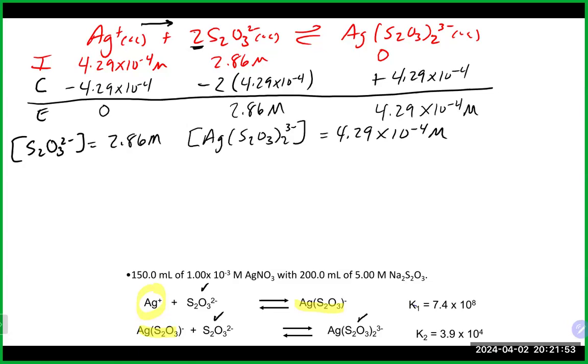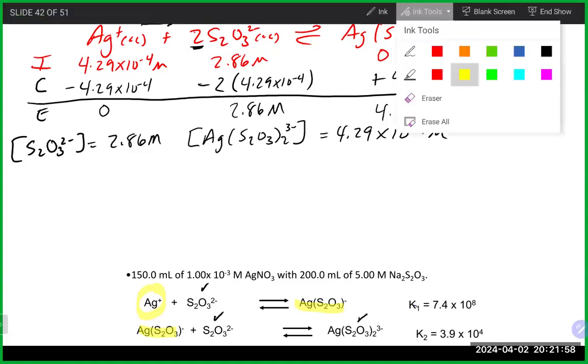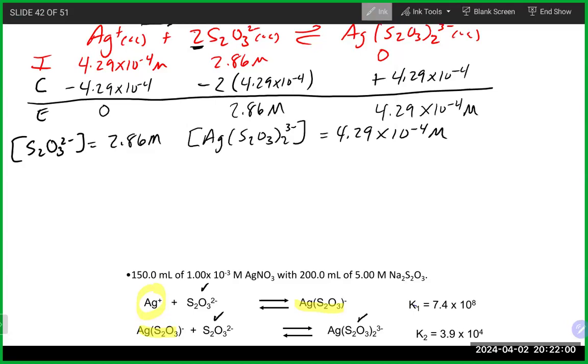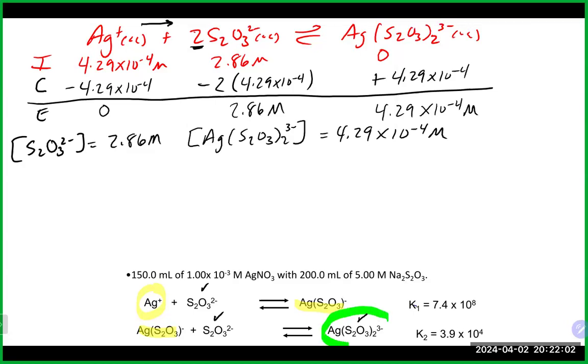So with that being said, after I did the first ice table here, I have this guy's concentration and I have this guy's concentration, which means I could use just the second step here to find the concentration of the AgS2O3 minus. And that's what I'm going to do.